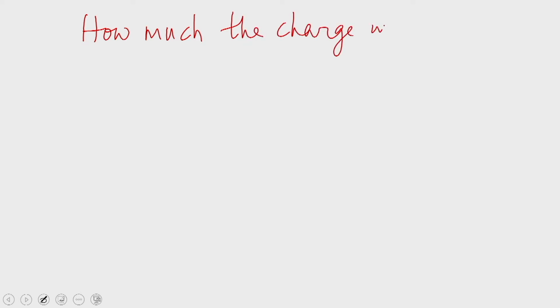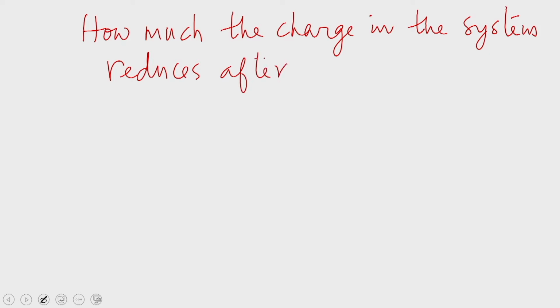To prove this, we want to establish how much the charge in the system reduces after every iteration. This is what we now want to establish.